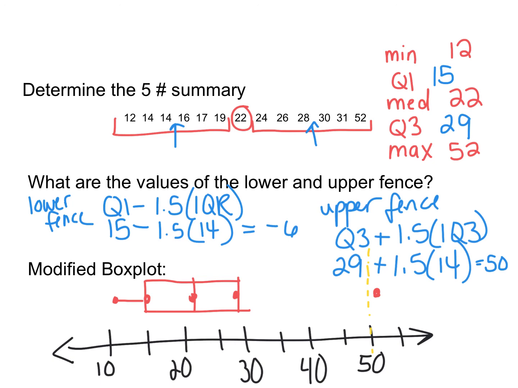So rather than my whisker going all the way out here to this 50, I'm going to instead stop it at the previous data value. Okay, so not at 50, but look back here at your number set, it stops at 31. So that's right here would be 31. Okay, so this represents my modified box plot. And again, I was saying we don't typically draw this lower fence if my values are negative.